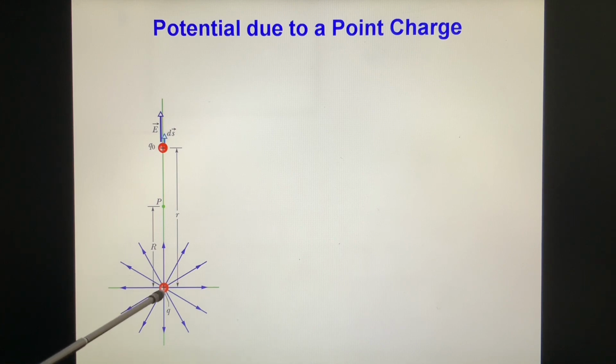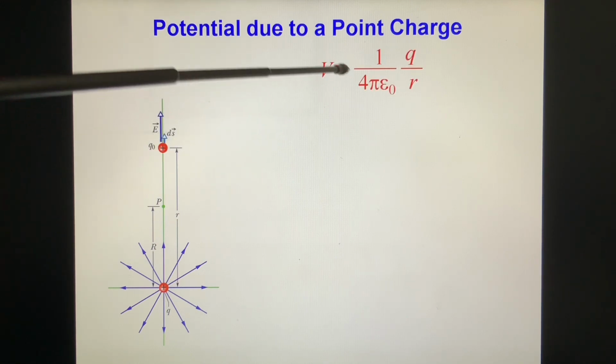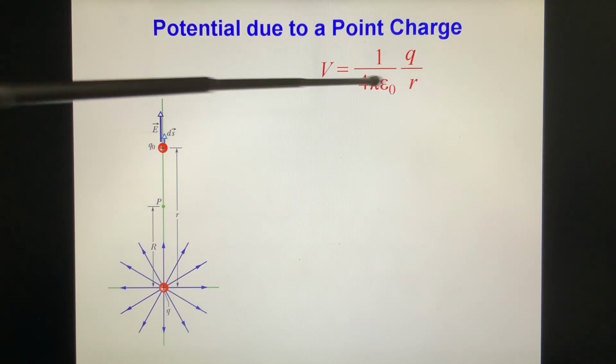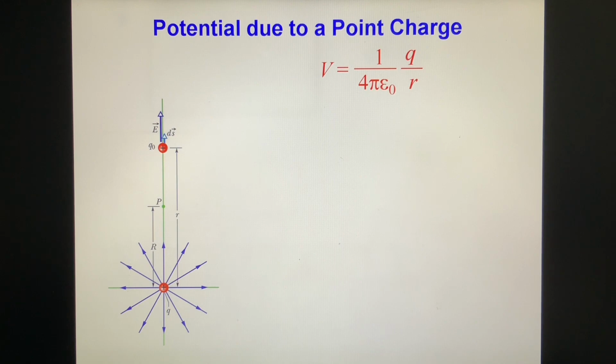This is a point charge Q. It produces an electric field around it. We want to find the potential at point P with distance R. The answer is V equals 1 over 4 pi epsilon 0 times Q over R. We will derive it.